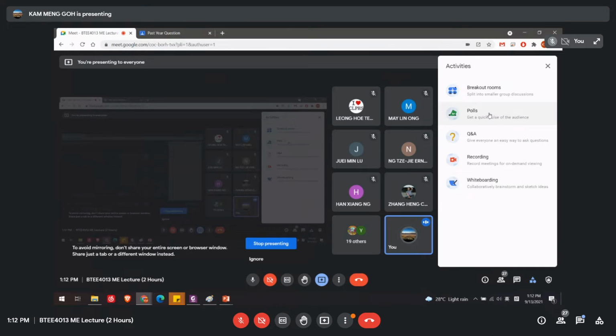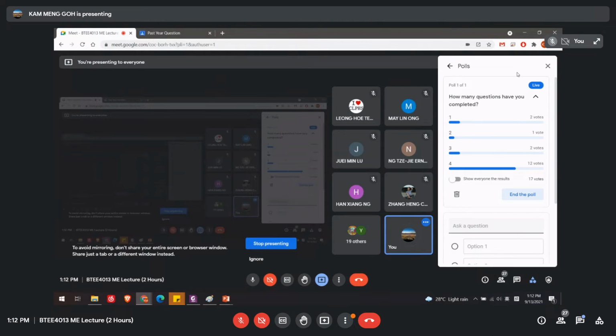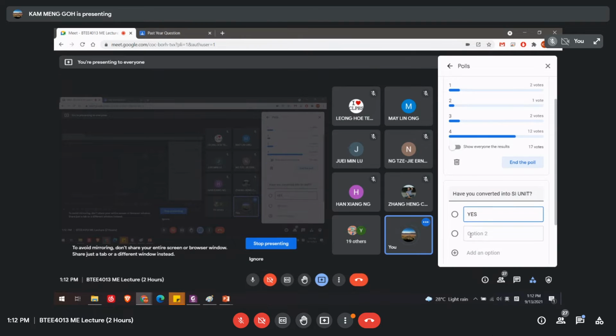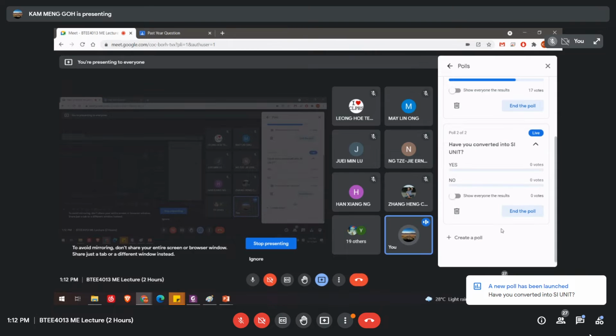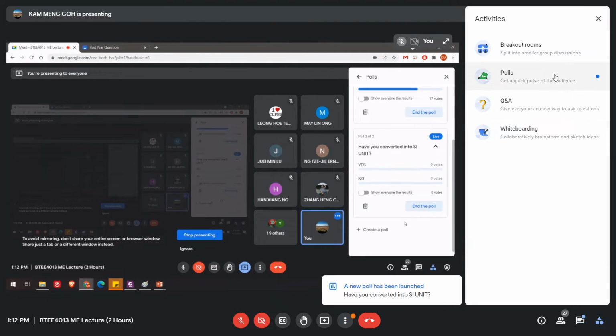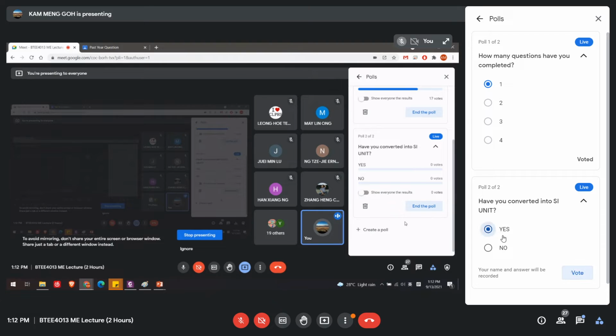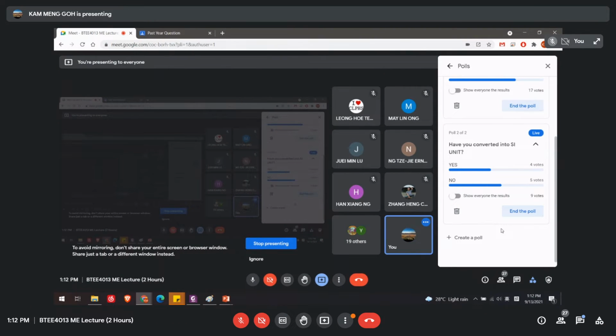How many of you have converted into the SI unit? Yes and no. Okay, let's see how many.